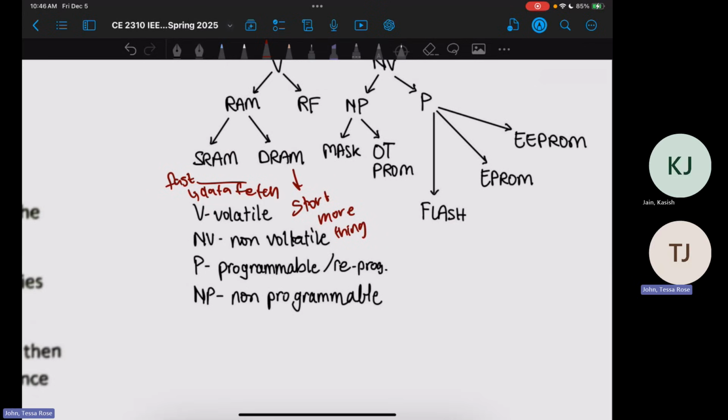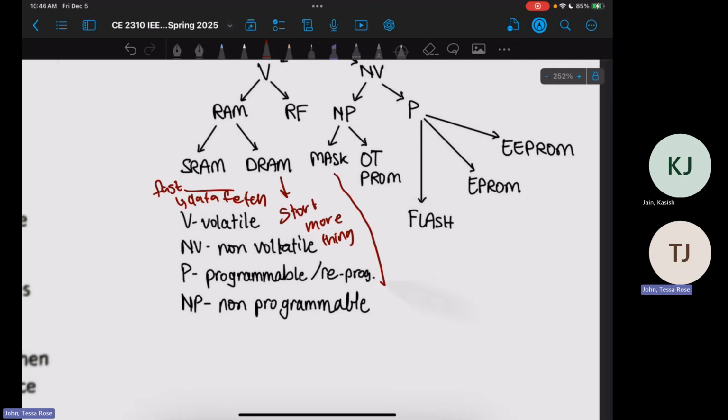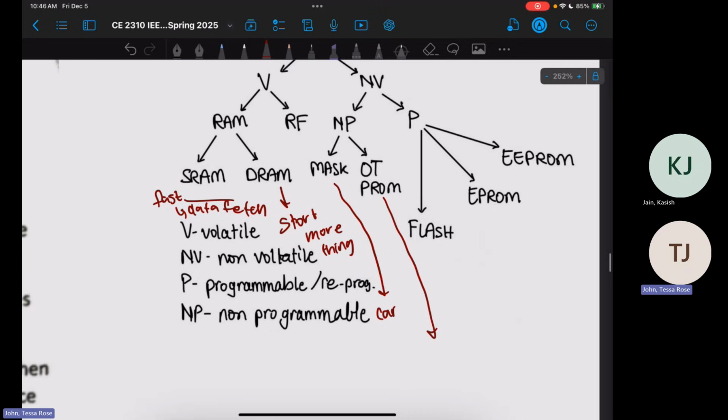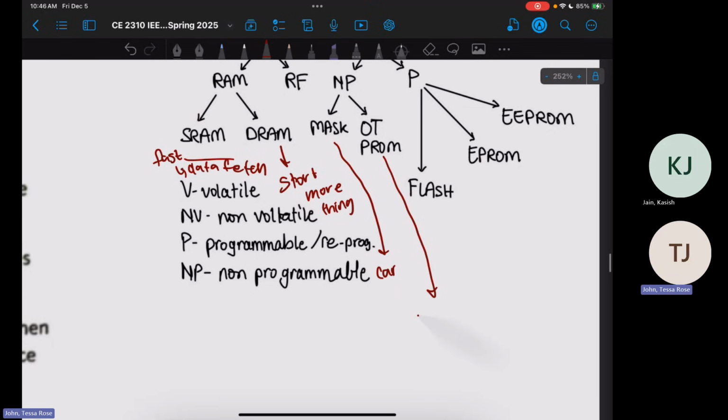Mask ROM is usually car keys. If it's anything about car keys, it's that one. And then OTP, do y'all know what OTP is, one time programmable? This is usually if it's an RF card or an ID card.